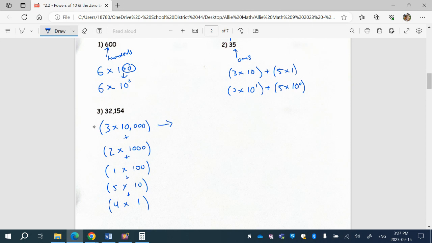Next, let's write them as powers of 10. So we got 3 times 10 to the power of, there's 1, 2, 3, 4, 5 zeros. So that's 10 to the power of 5. This is 2 times 10 to the power of, sorry, that's my bad. There's 4 zeros.